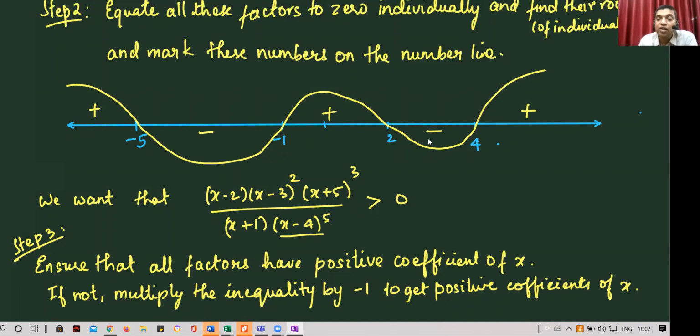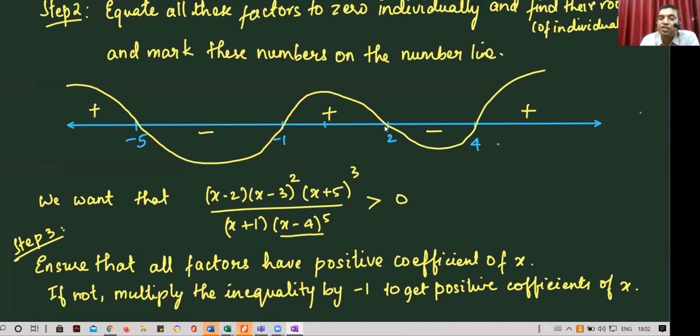But all other terms, x minus 2 will be positive because x is greater than 2. x minus of -1 will be positive, and x minus of -5 will be positive. So x plus 1, x plus 5, and x minus 2, they are positive. So in the product, there is one negative value, so the product becomes negative. That's why it is negative.